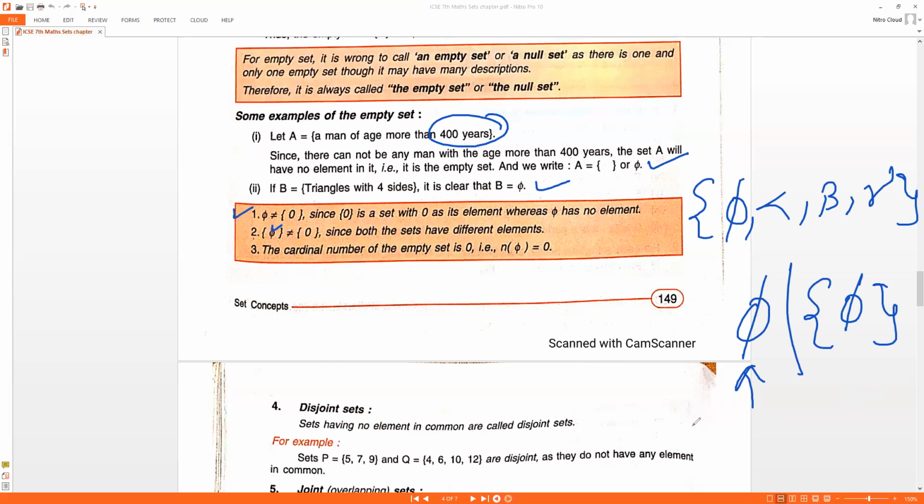Only phi is null, the representation of the null set. But phi here represents the element inside the set. That is the difference. The cardinal number of an empty set is 0 because there is no element present in it. So n of phi is always 0.